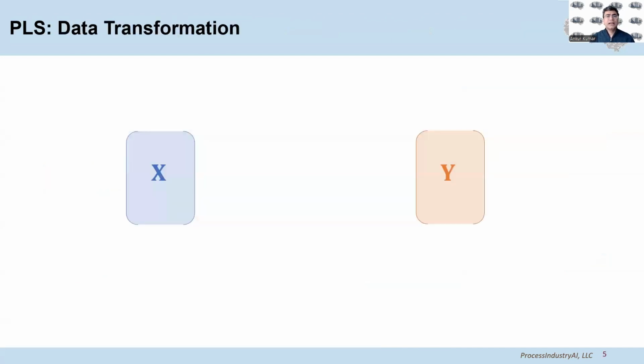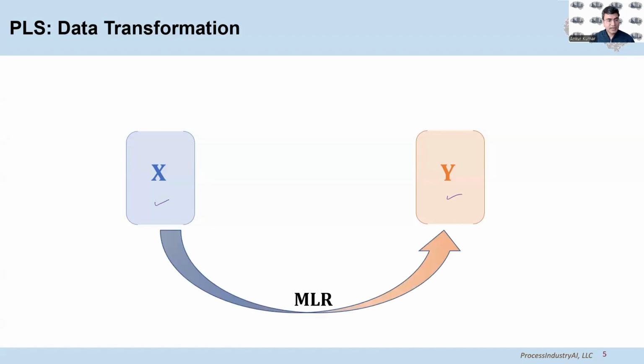For that, let us quickly discuss how we can model the relationships between the X dataset and the Y dataset. One very obvious approach is to use multiple linear regression or multivariate linear regression via ordinary least squares fit. Note that the Y block can contain just a single output variable or multiple output variables.